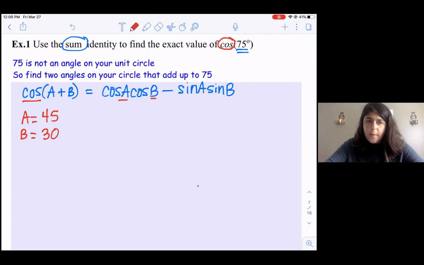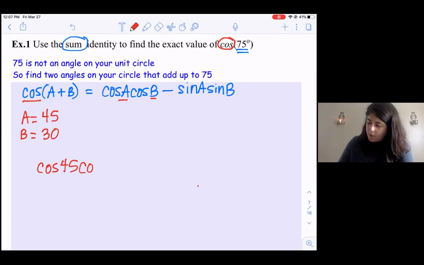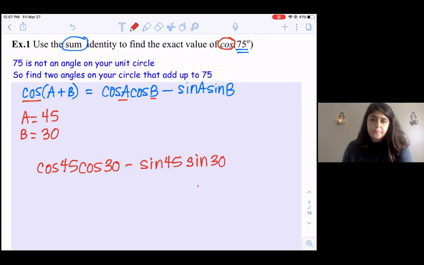It doesn't matter what's A and what's B for the adding ones. Remember, adding can be done either way, but I'm just going to make 45 A and 30 B. So I'm going to plug everything in. I'm going to say cosine of 45 degrees times the cosine of 30 degrees minus the sine of 45 degrees times the sine of 30 degrees.